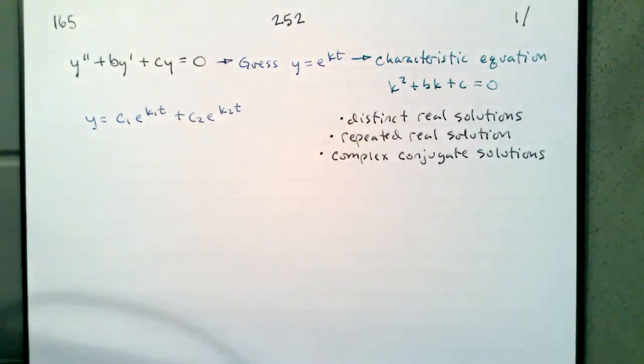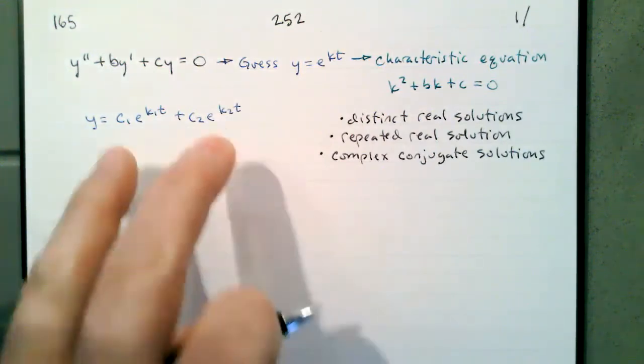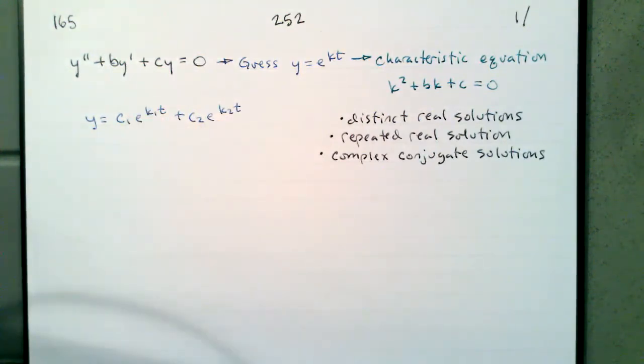In the repeated real solutions, I couldn't just put e to the kt and then e to the kt. I would just combine those two into just e to the kt, because one would be a linear combination of the other. So in the case of repeated real solutions, we just use e to the kt and t e to the kt. And mysteriously, that seemed to work just fine.